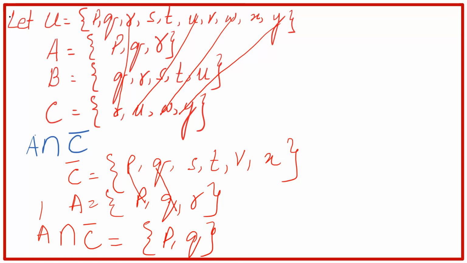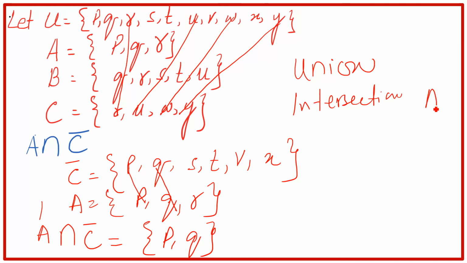Right? So in this lesson you have learned union, the most important thing, and intersection of sets. Intersection means common, right? Union means all members you have to take. And then for complement you have to write down A complement, B complement, with a bar on the top of the letter.